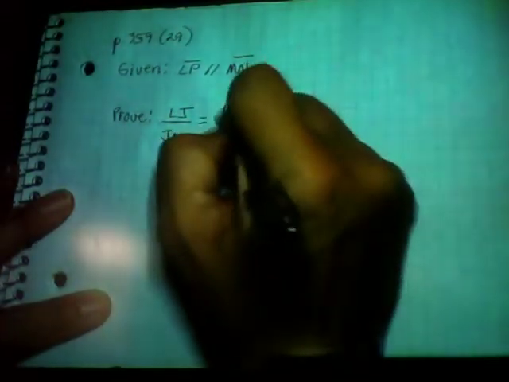So given segment LP is parallel to segment MN, you are to prove that LJ is to JN as PJ is to JM.